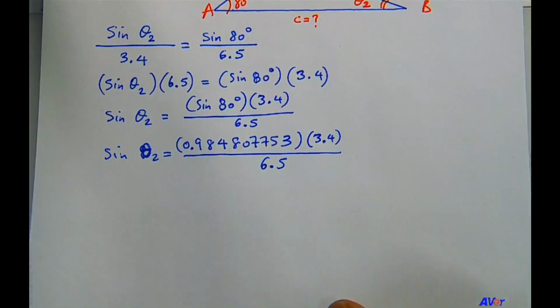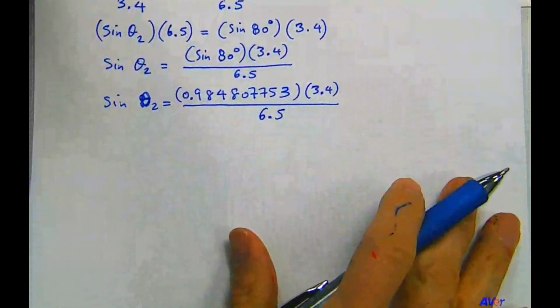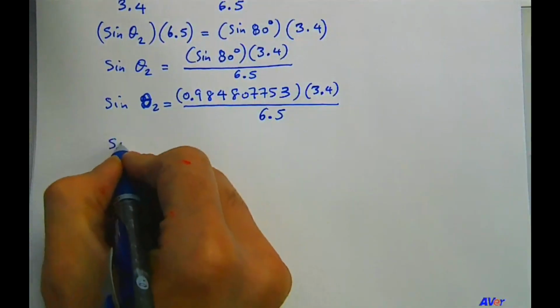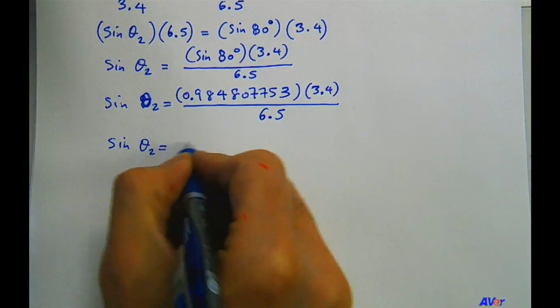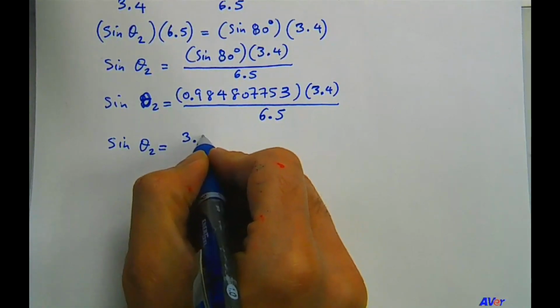And then, after multiplying, we're going to have sine of theta 2. What I got, please double check my numbers at home when you're watching this.